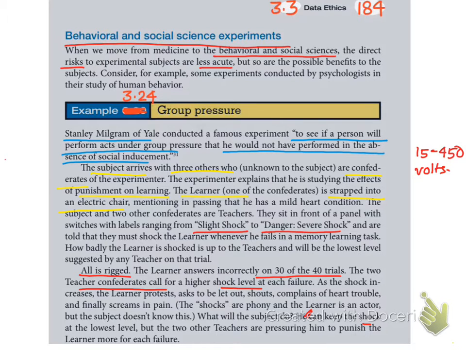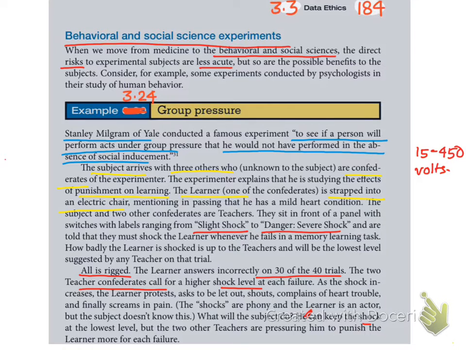With the subject, there were other teacher confederates, other participants who each time very easily increased the shock level. Keep in mind that in this setup, the teacher and learner were sitting in two different rooms. The teacher can't see the learner but can hear the learner.